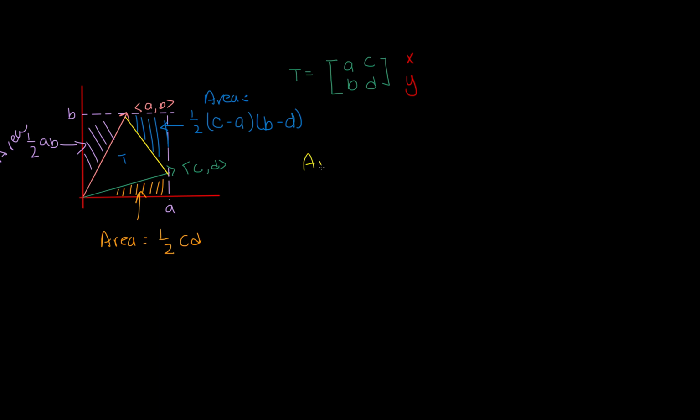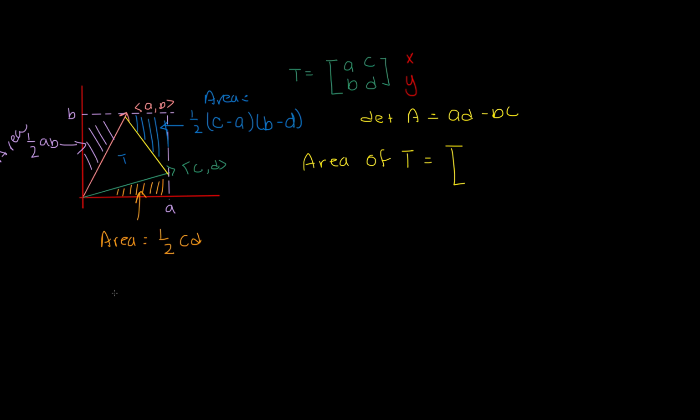So area of T is going to equal, remember the determinant here is AD minus BC. And if I take the area of the rectangle, which is going to be B times C.